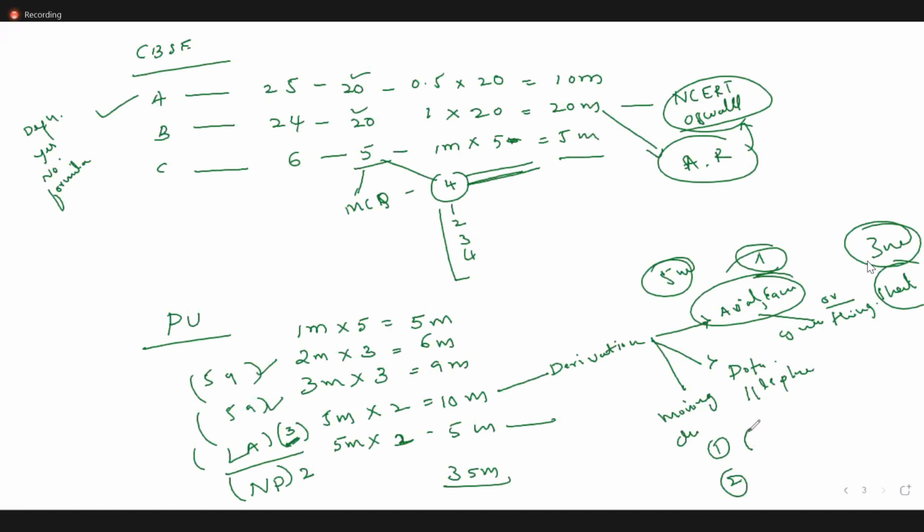Here you will get the magnetic field due to a current carrying circular loop, or coil, and the second one is the parallel conductors, where you are going to find the force per unit length.